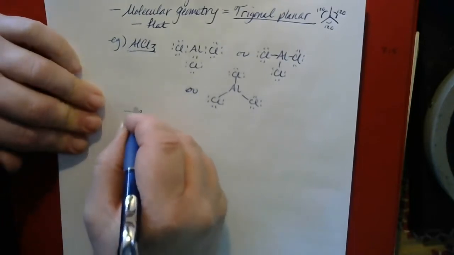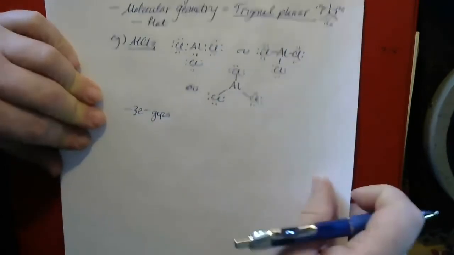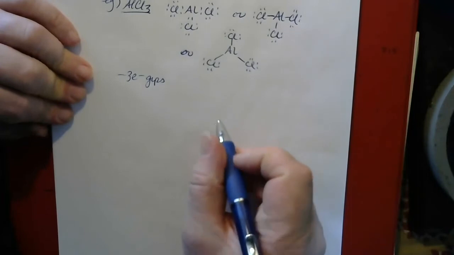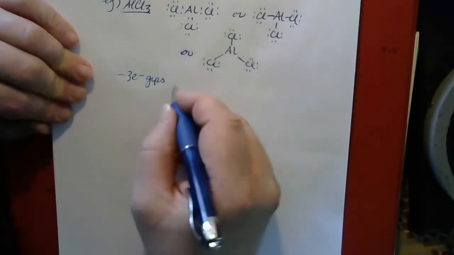Okay, so three electron groups around a central atom will be farthest apart when they're separated by 120 degrees.